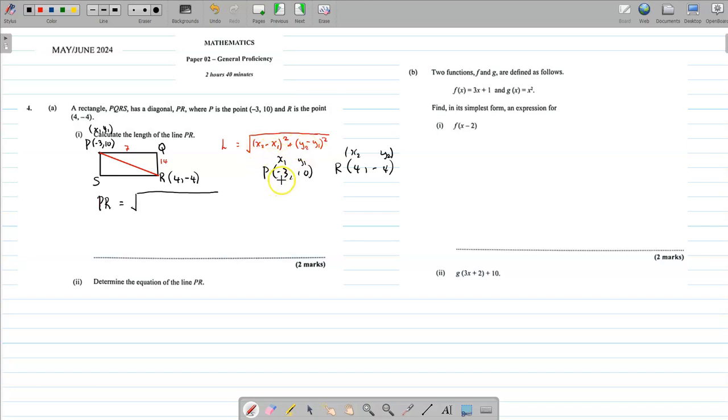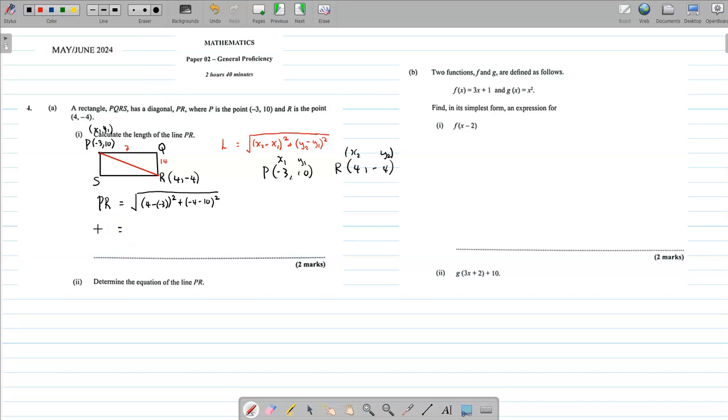So x2 is 4, so we would have 4 minus x1, which is minus 3, all squared, plus y2, which is minus 4, minus 10, all squared.